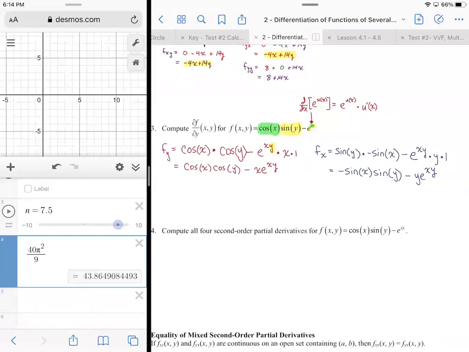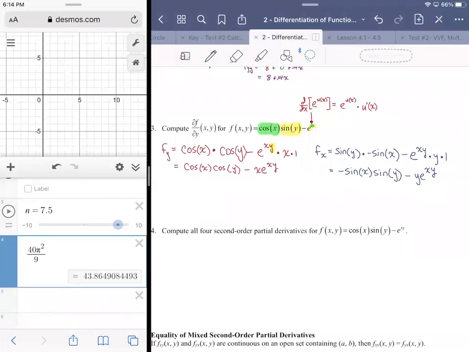So compute all 4 second order partial derivatives. We're going to take these guys, I'm grabbing this one and this one.